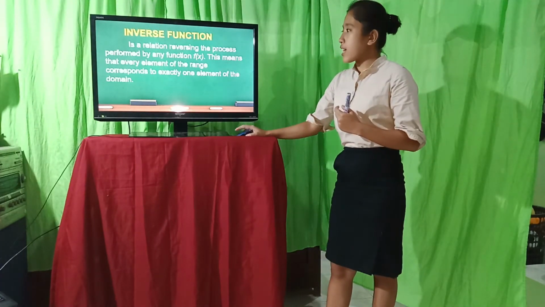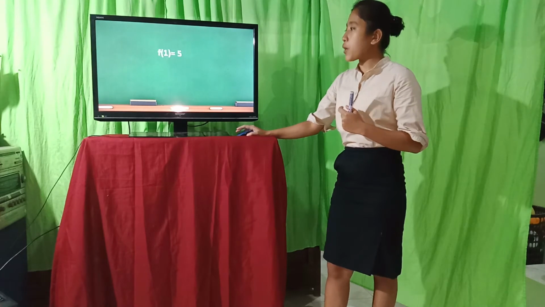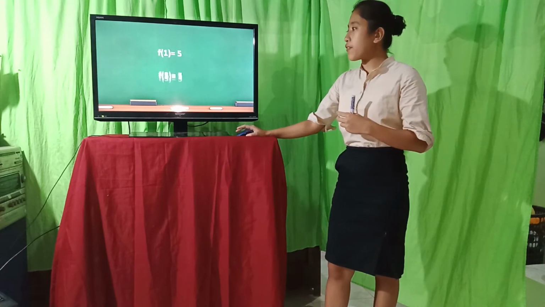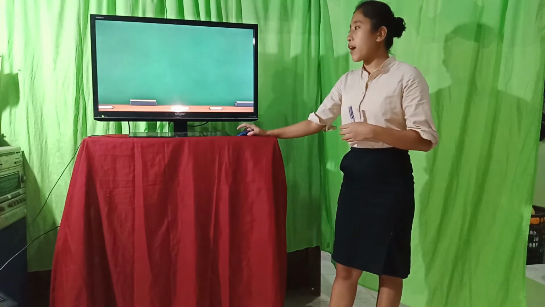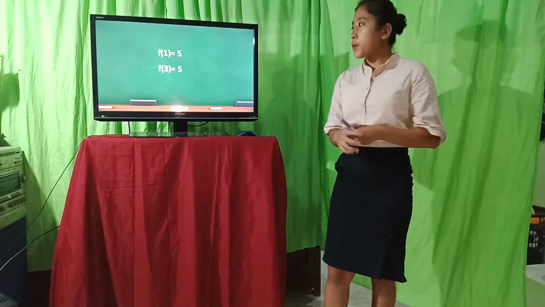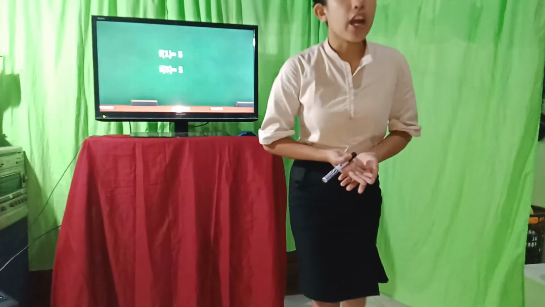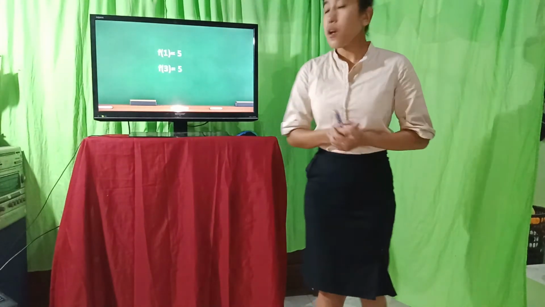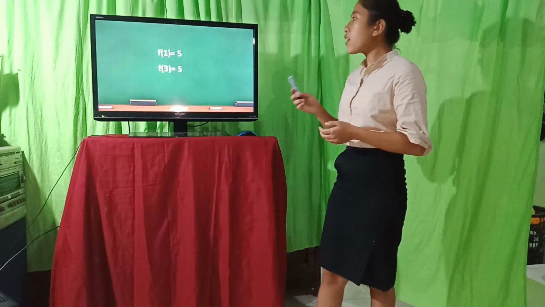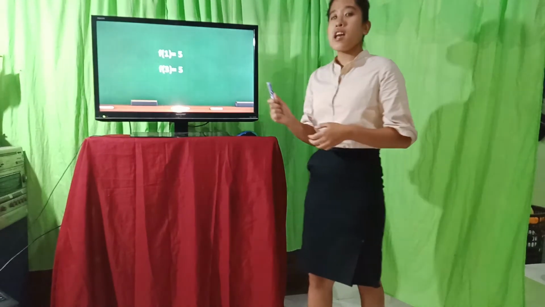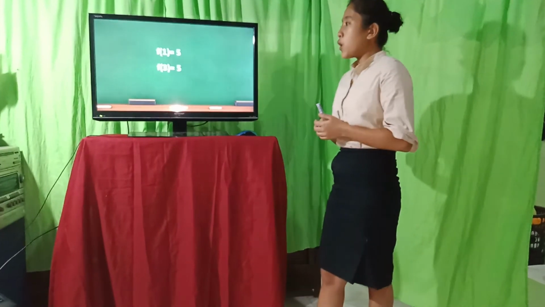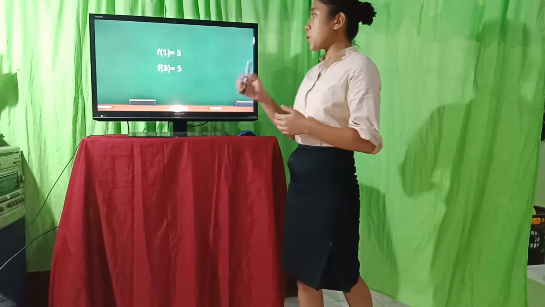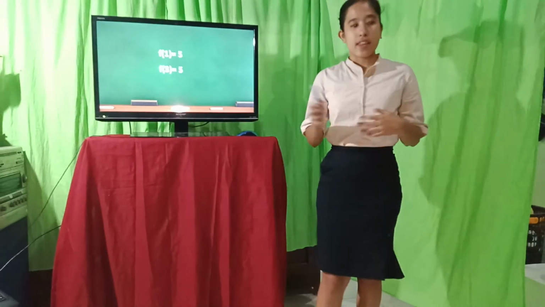So suppose that we have f(1) = 5 and f(3) = 5. If they are one-to-one functions, what should its inverse be? But if f(5) is a function, a one-to-one function, its inverse would be 1 and 3.